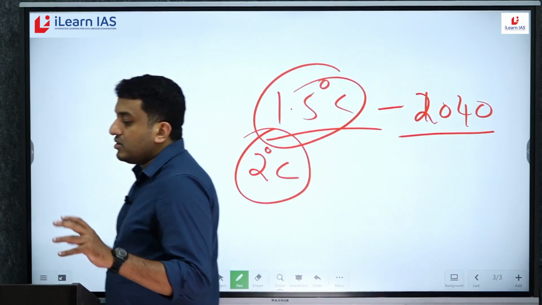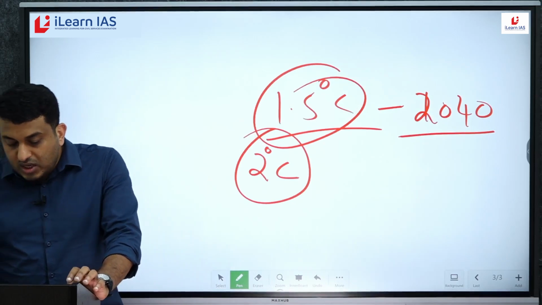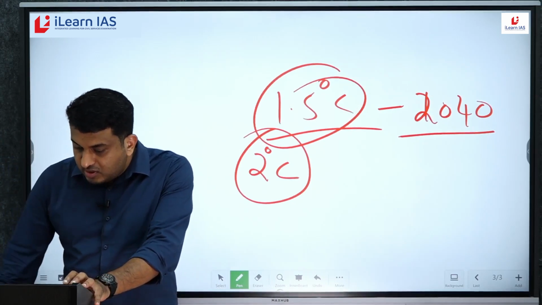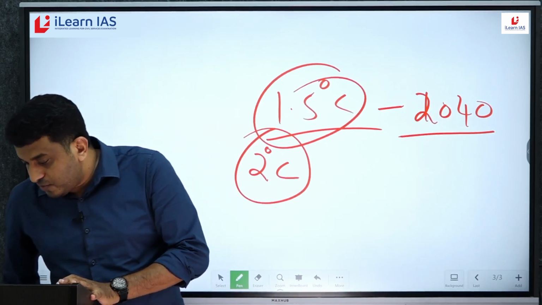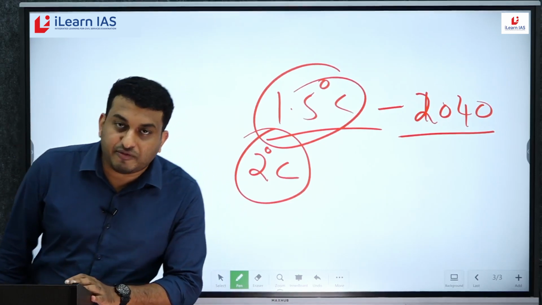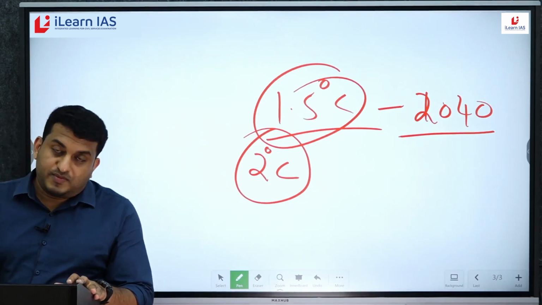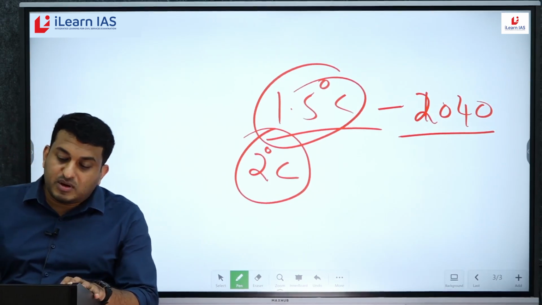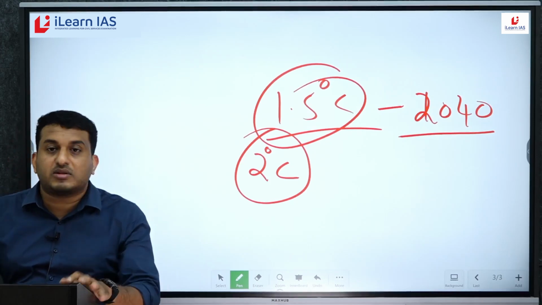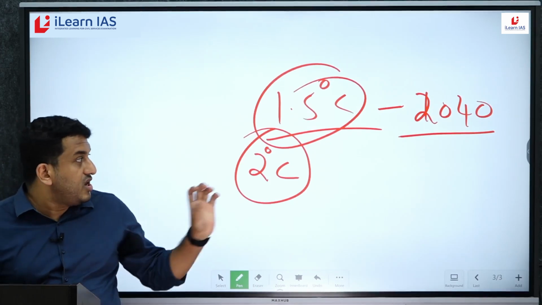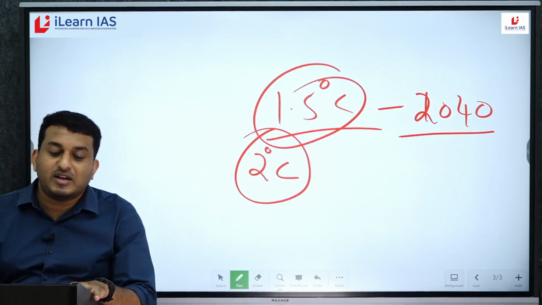So this conference has asked the countries of the world to limit the global temperature rise to a maximum of 2 degrees Celsius, or if possible 1.5 degrees Celsius. So we need to put efforts to limit the temperature increase to 1.5 degrees Celsius.